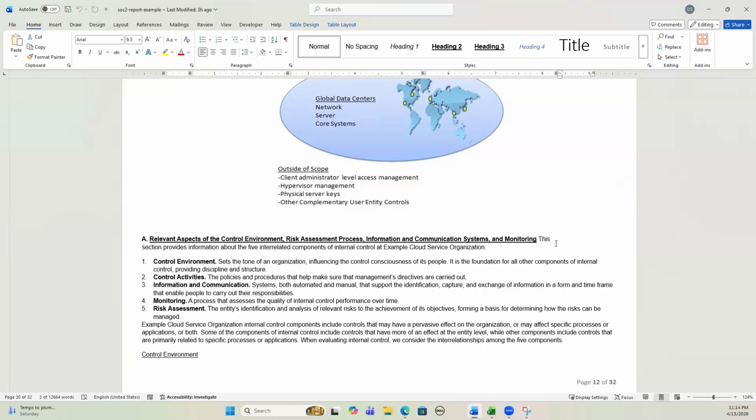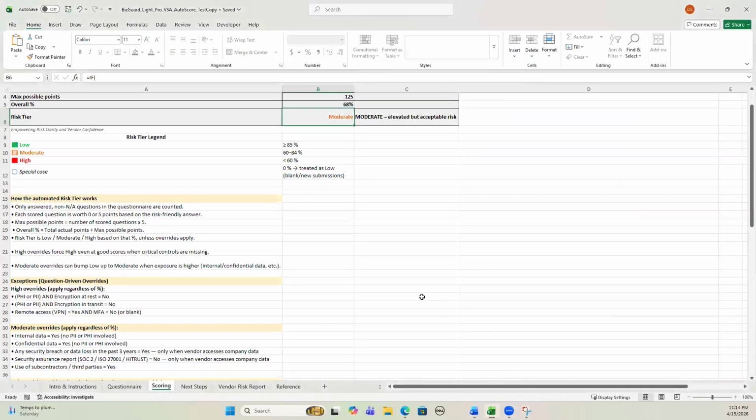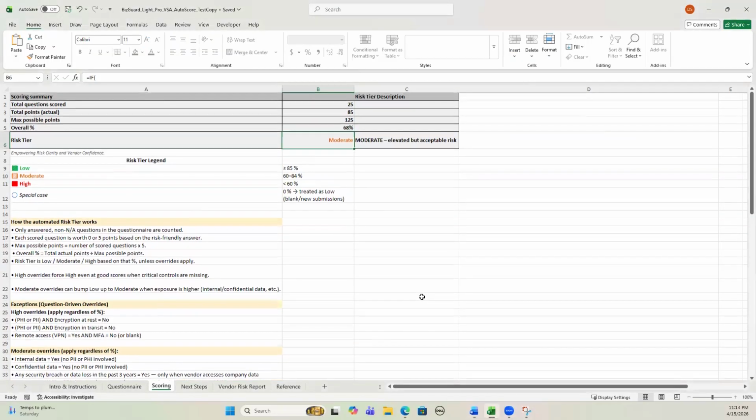So now let me show how BizGuard simplifies all of this information in a single decision framework. So here's where you are after receiving a SOC 2 report.